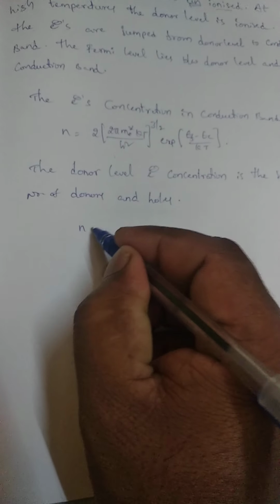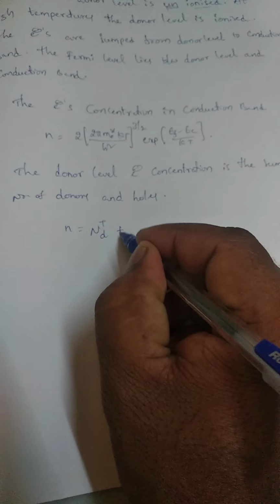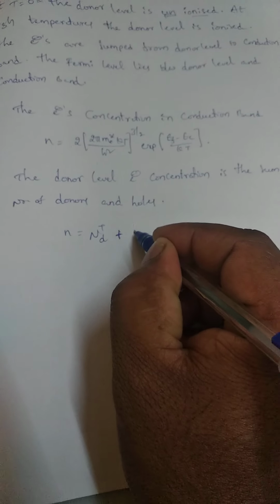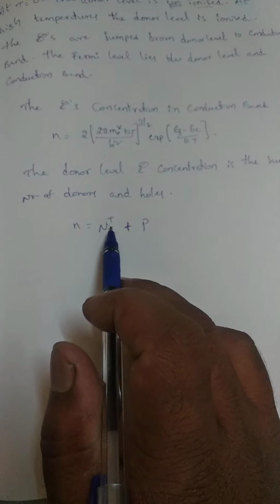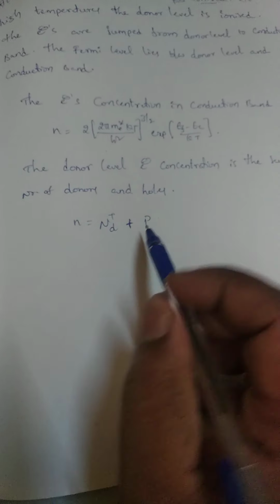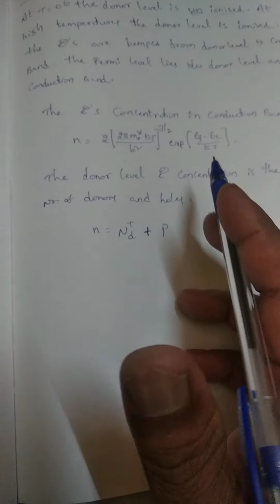So N is equal to ND plus P. Here donors donate the electrons, so they have positive charge, and P means holes.